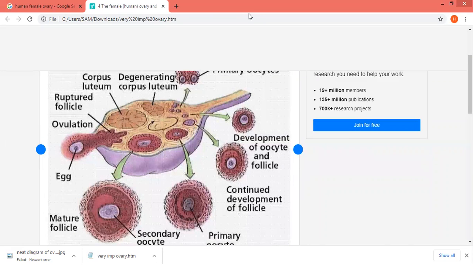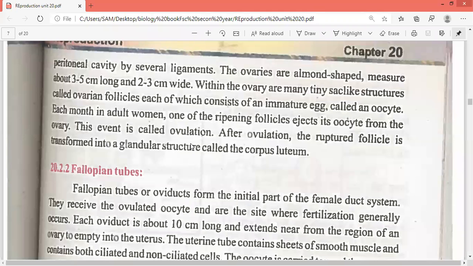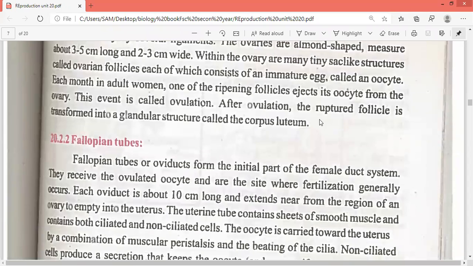Okay, come back to the topic. ठीक है, after ovulation the ruptured follicle is transformed into a glandular structure. So corpus luteum is a glandular structure. Why I'm stressing this a lot? Because it usually comes in MCQs, right? Okay.